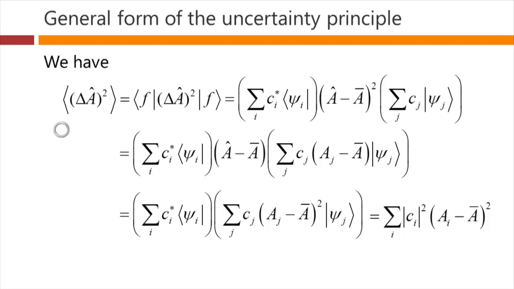And so we've just shown that the expectation value of this operator, delta A all squared, is the sum over all the members of the set here with these ci squareds, the modulus squareds of them, the expansion coefficients, times the eigenvalue minus the average answer, just a number, all squared here. So this will be the average value of this squared quantity in our statistics.